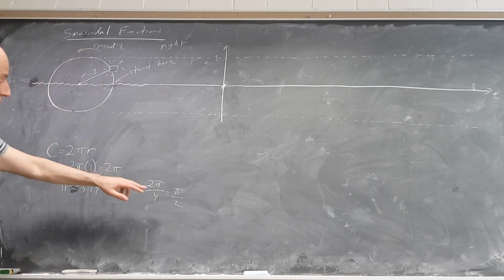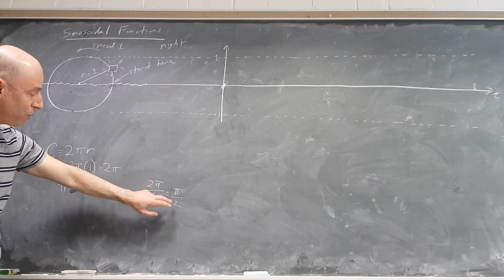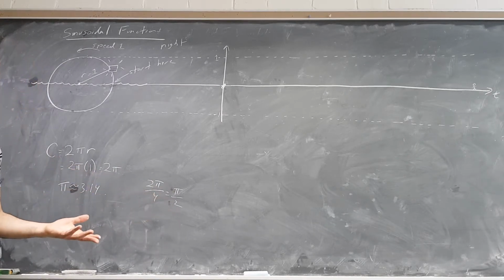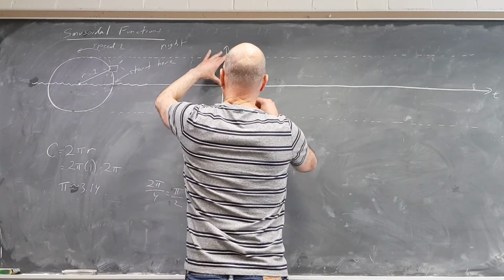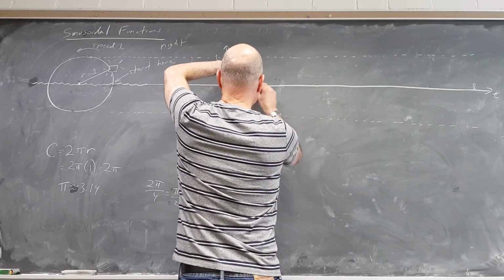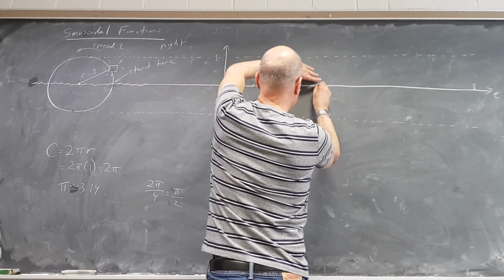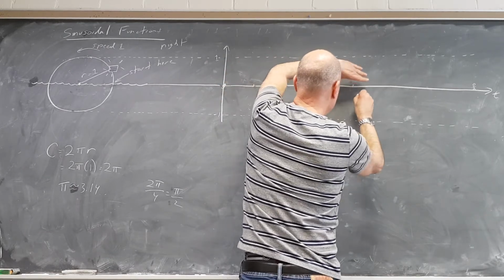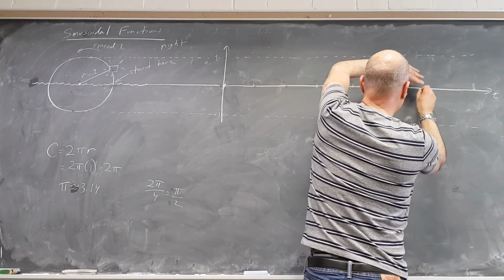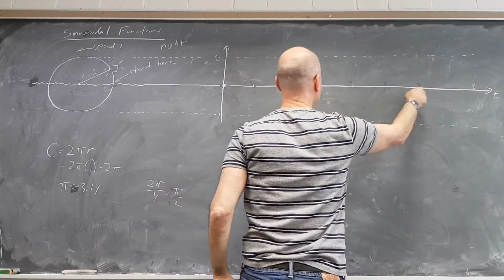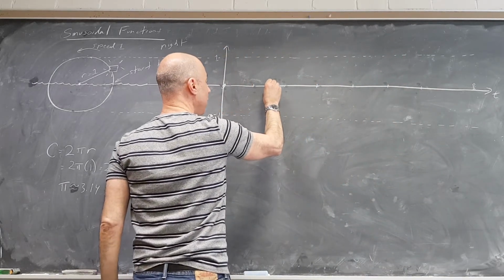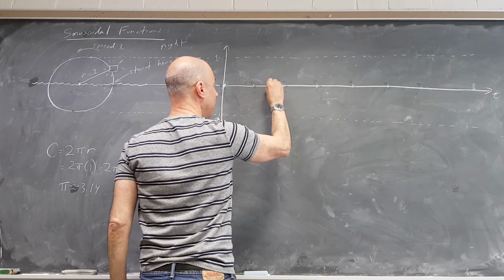Pi is a little bit bigger than 3, so pi over 2 is a little bit bigger than 1.5. So let me say that's 1 unit, so there's 1 unit, 2 units, 3 units, 4 units, 5 units, 6 units. So pi over 2 is a little bit bigger than 1.5.